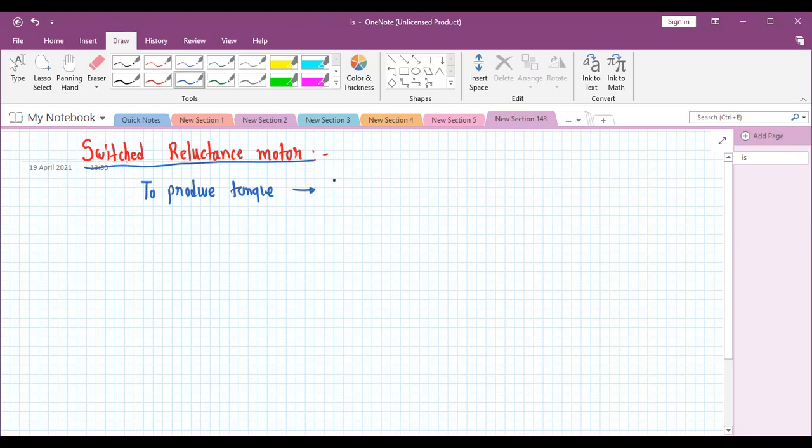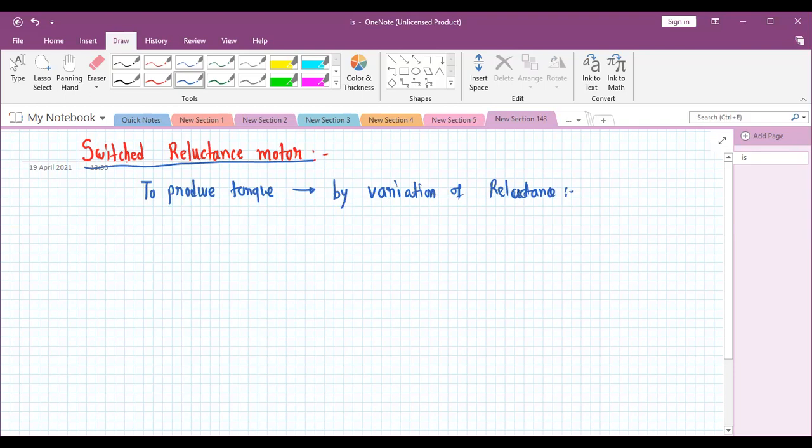So in the sense, we can say torque is produced by variation of reluctance, yes or no? It means the rotor will take a position where it gets minimum reluctance.